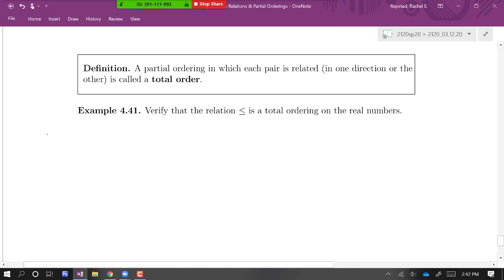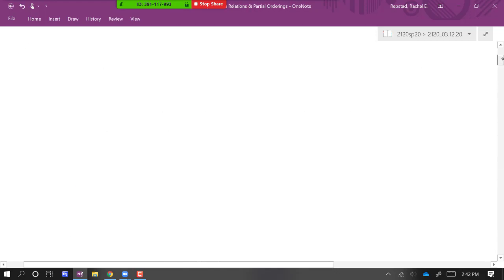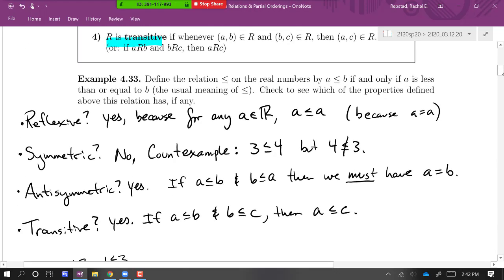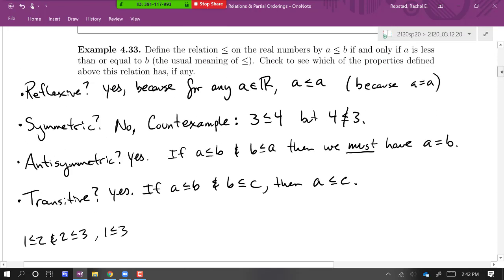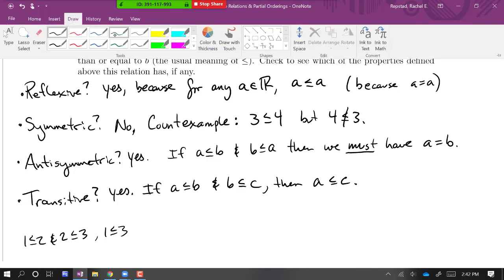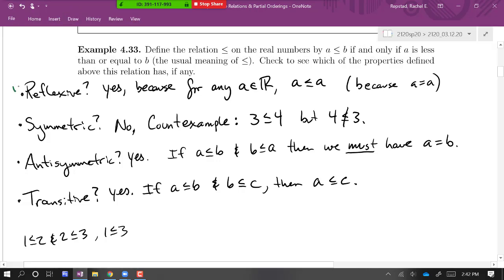We showed in the earlier example that this relation is reflexive, antisymmetric, and transitive.